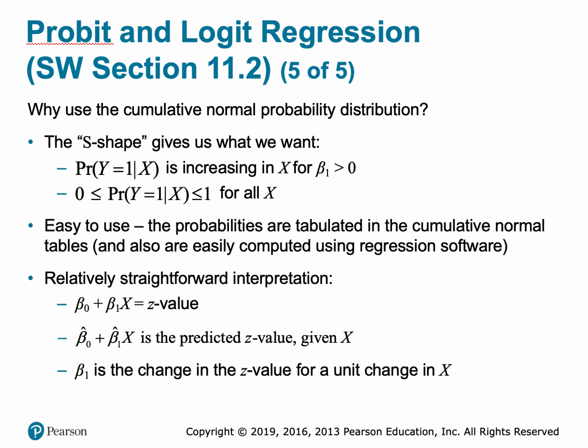Well, the cumulative normal probability distribution gives us that really nice S shape that we want, so that the probability of y equals 1 given x is increasing in x for a positive value of the coefficient, and the probability that y equals 1 given x is between 0 and 1 for the domain of x. This is pretty easy to use because our probabilities are tabulated in the cumulative normal tables and are easily computed using regression software.